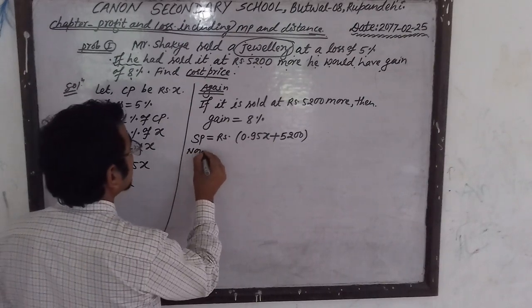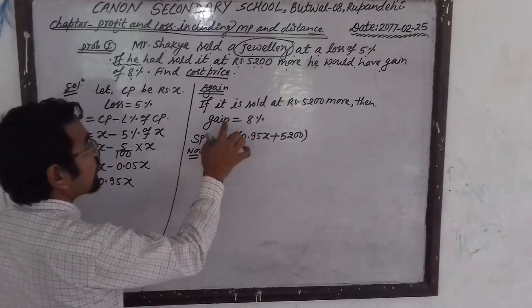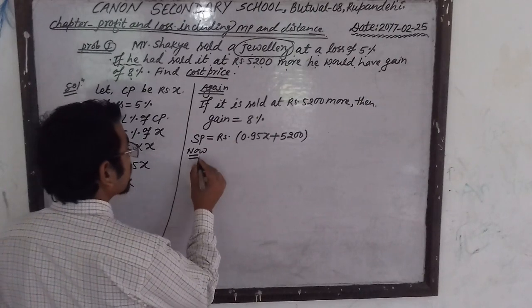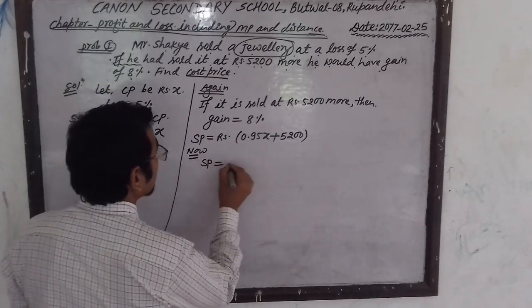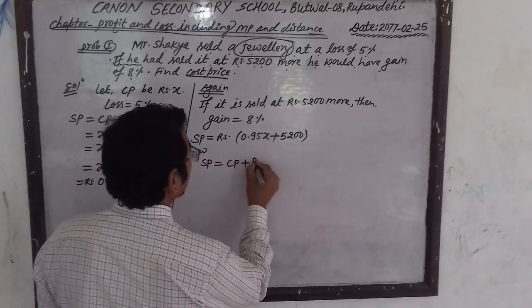Now we know the formula: SP is equal to CP plus profit percent of CP.